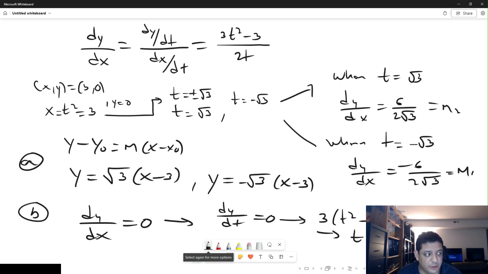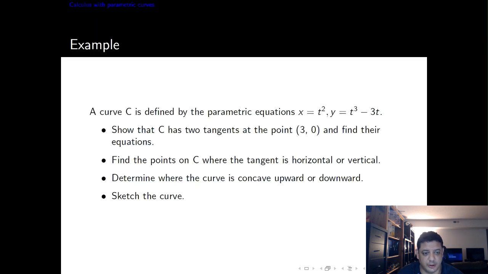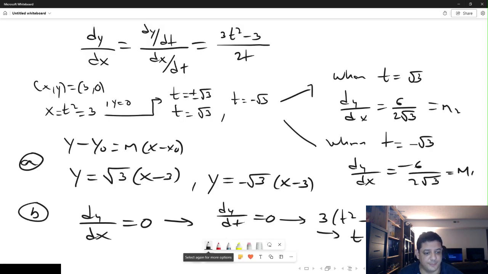If we go back to the original curve, remember that we are on the curve x equals t squared and y equals t cubed minus 3t. So if we plug those points in, we're going to get that we are at two different points. We are at the point (1, -2), and we are at the point (1, 2).